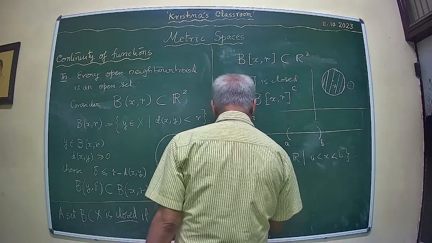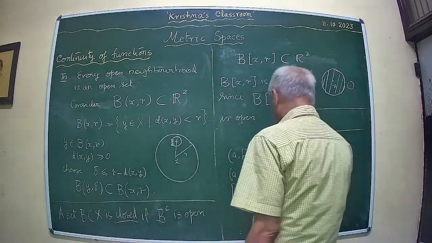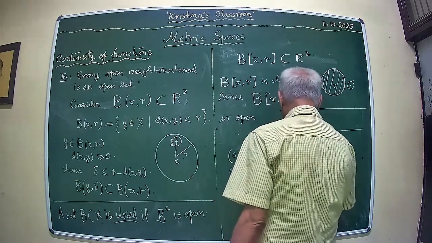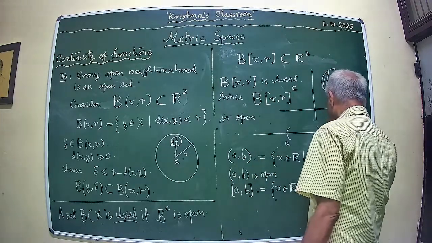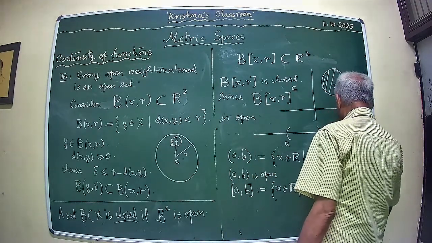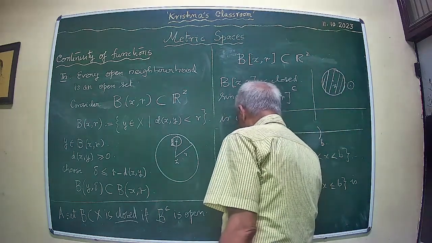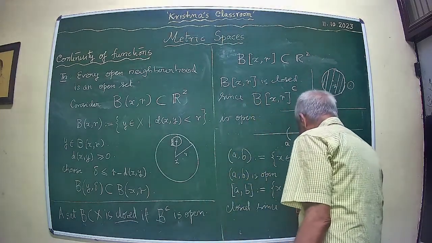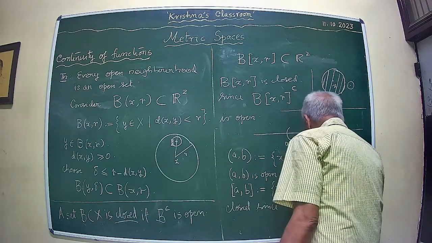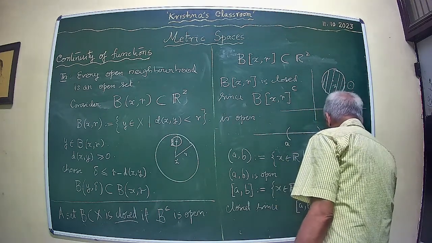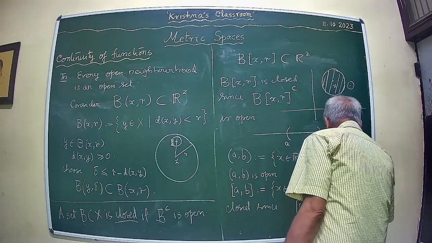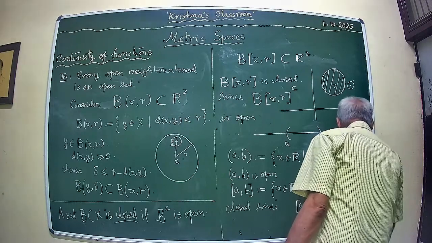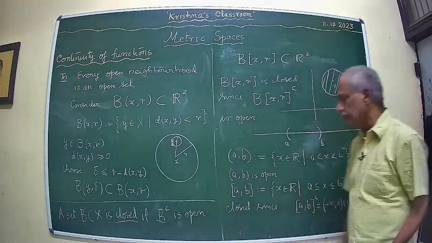AB with A and B included is closed, since the complement of AB is equal to minus infinity to A union B to infinity. Now both are open sets. Okay.